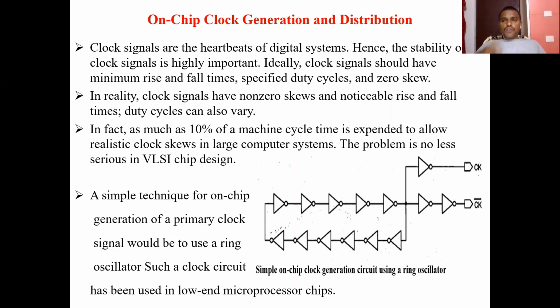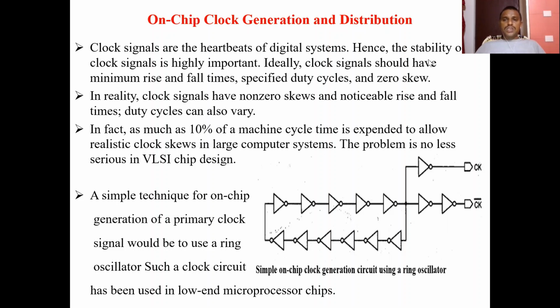If you consider a flip-flop, or a register, that is a memory element, or a counter, in all of these we are going to use our clock signal. Because of that, the clock signal is very important in digital circuits, and we can say that clock signals are the heartbeats of digital systems. Hence the stability of clock signals is highly important.